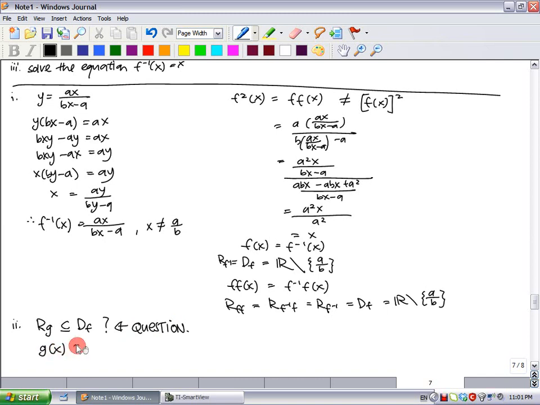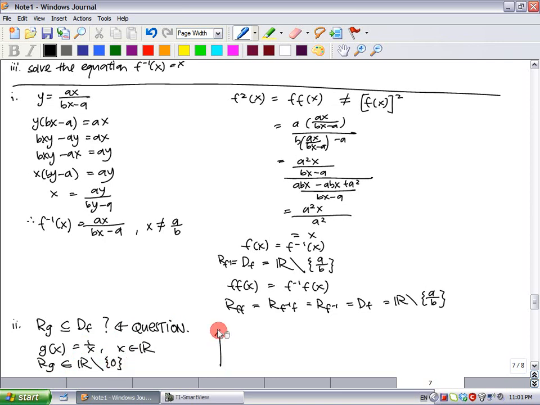g x equals 1 over x, and x here can be any real non-zero number. So just from here you can see that the range of g is going to be any real number, but it cannot be 0.